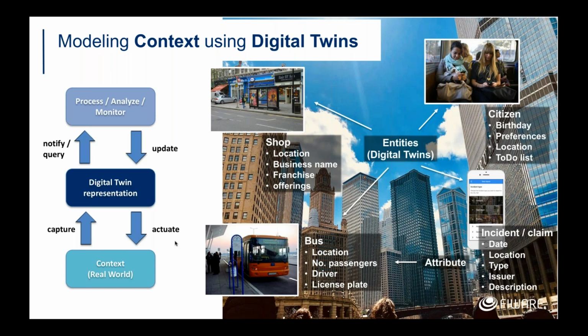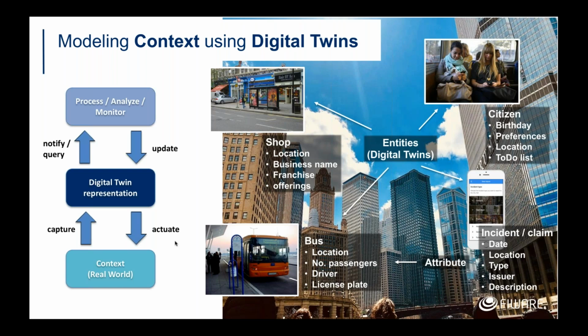And with this digital twin representation, which you will keep constantly updated, you will be performing the processing, analysis, monitoring that ultimately will bring support to the further automation of processes or the support of smart decisions by the end users.